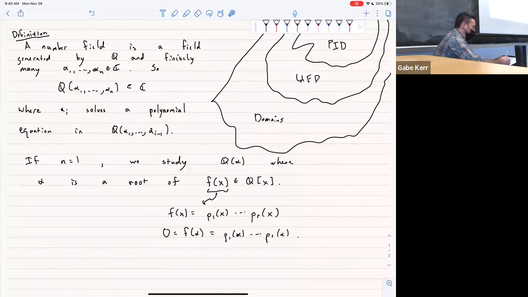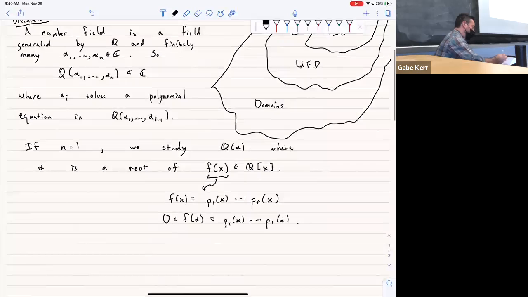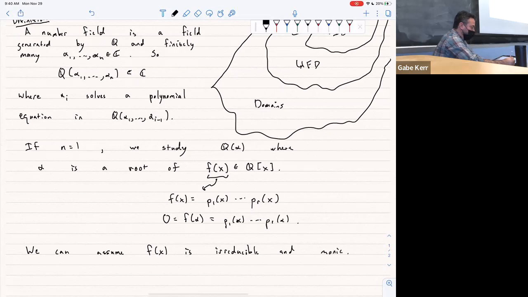So one of these must be 0, right? What I'm trying to say is we can assume then f irreducible. Obviously, if I multiply by a non-zero rational number, that won't affect it.